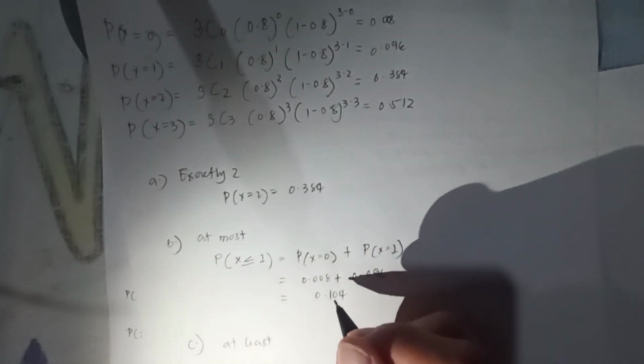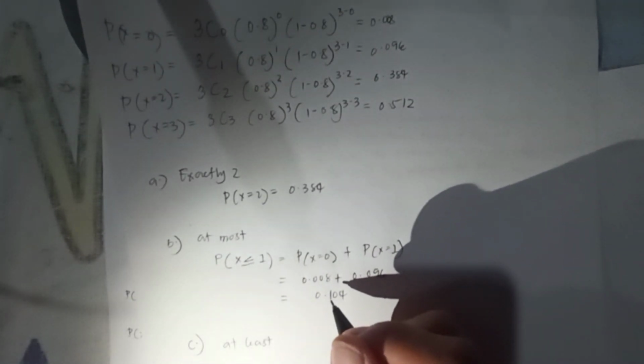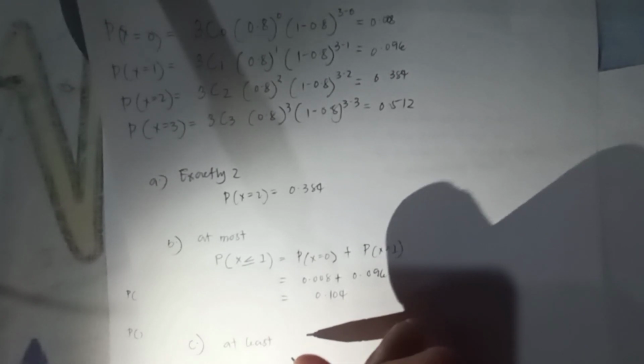And then letter C, the question is at least 1. So therefore, at least 1, you need to get the values from 1 going to 3. So P of x that is greater than or equal to 1.